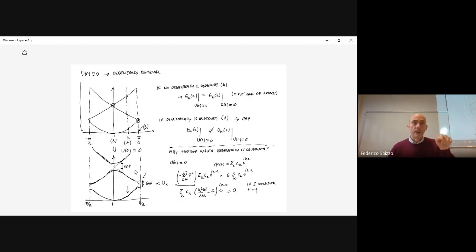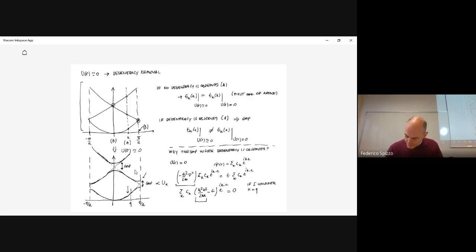So if I consider a specific value of the wave vector, let's suppose I decide to concentrate on a wave vector equal to q, then if q is in this position, what is the conclusion? That in this condition, only one of the possible values of h bar squared k squared divided by 2m will be exactly equal to the value for q.